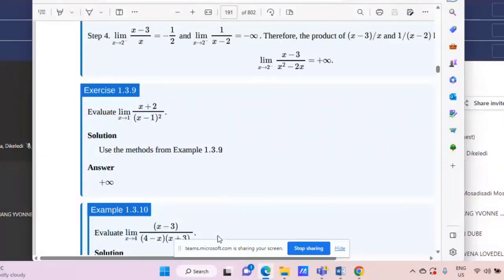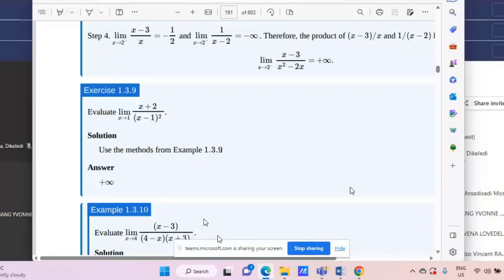Okay, I wrote here. Here is my question. You all understood the way Levan explained the previous exercise.